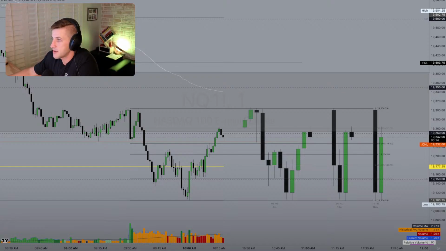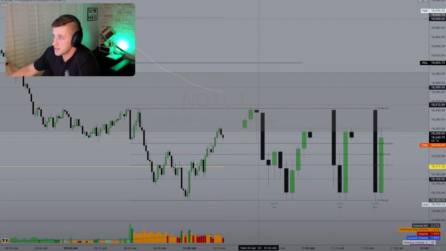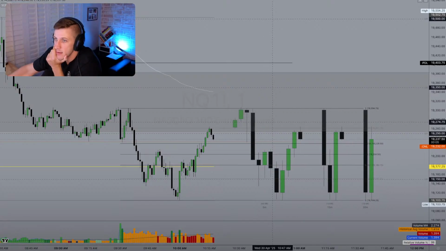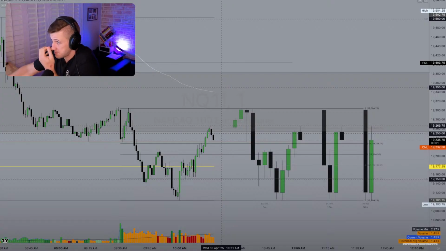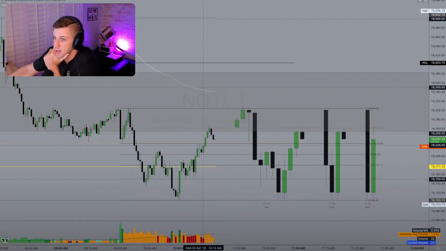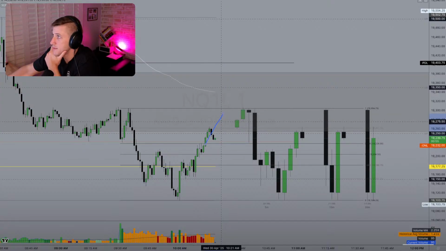Now it gets a little trickier with this higher time frame zone, 19,250. So the scenario that I'd like to see to put on another trade would be a push, maybe a new high of day, then the retest into this area.